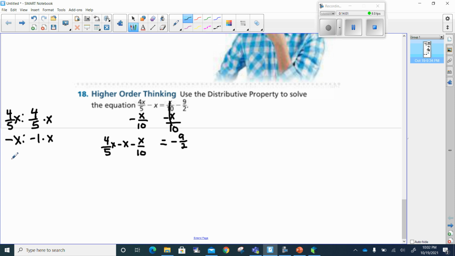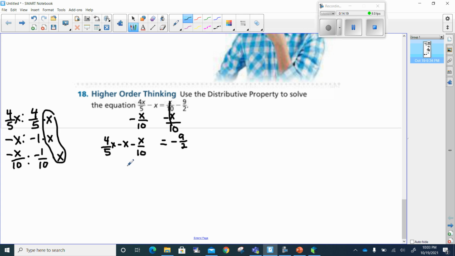And for negative x over 10, the only thing that makes that one up is negative 1 over 10 times x. So the common thing in every one of these is going to be x.